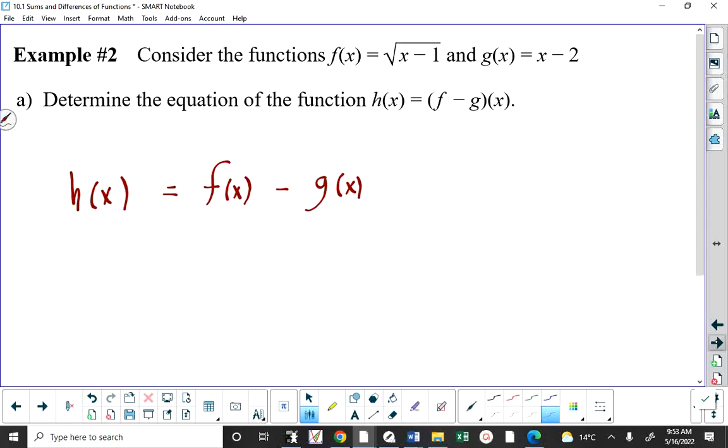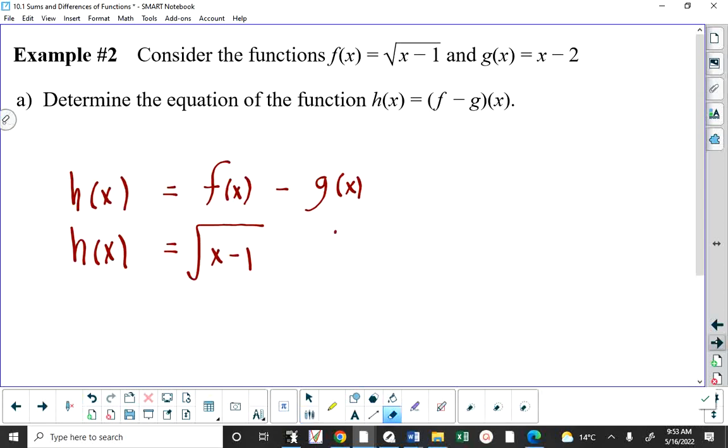Well, if f of x is root x minus 1, then h of x is root x minus 1 minus g of x, which is x minus 2. What grievous error have I just made? Ian? Brackets.